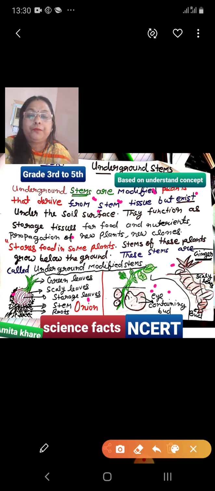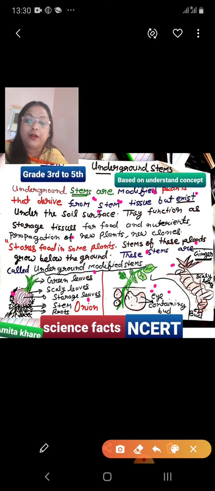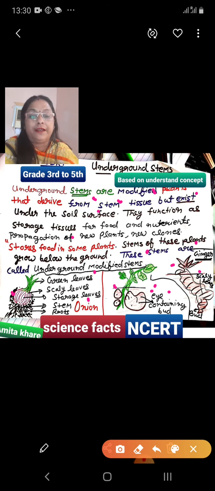Some plants store food, and the stem of these plants grows below the ground. These stems are called underground modified stems. Some plants store food, like onion, potato and ginger.